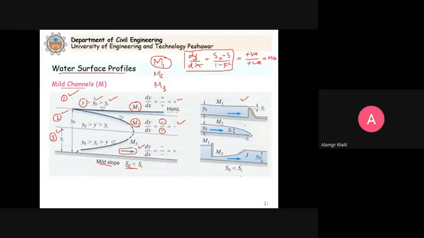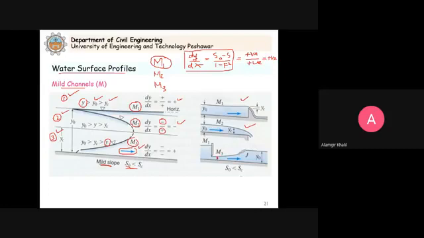These are the typical examples where M2 profile can be encountered. Now M3 profile, you have mild slope, but the depth is less than YC. It means that in this case, we have supercritical depth on a subcritical slope, because we are forcing the flow to come to the supercritical depth.